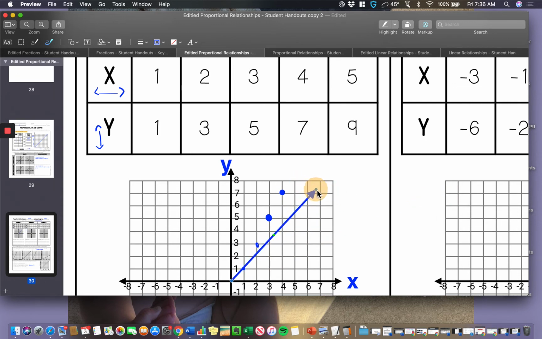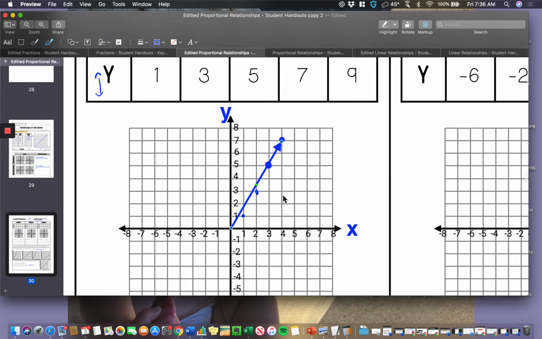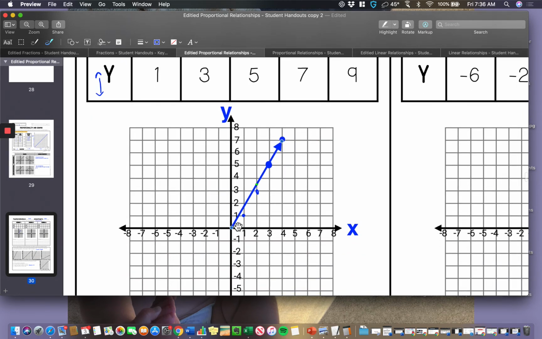So as you can see, if I'm drawing a straight line right through that point, it's not going to pass through the origin. But if I want to draw a straight line that connects all these dots, I can start at this one right here and see when I pass through all these dots, it is not going through the origin. There's some space here.